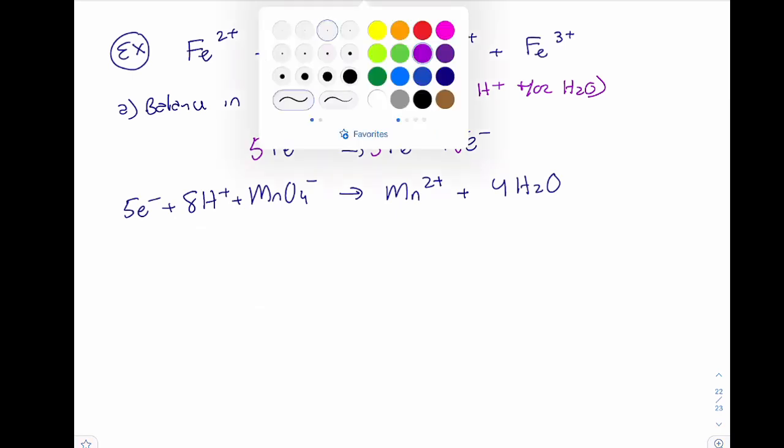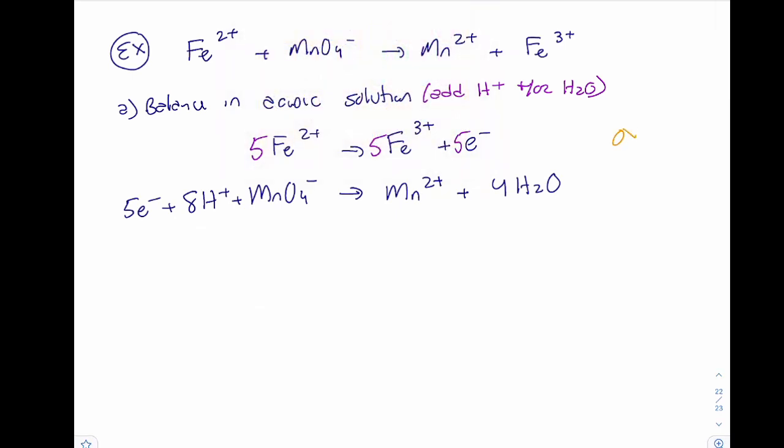So this one here was my oxidation. This one here is my reduction, right? Remember, my oxidation would occur at my anode. My reduction would take place at my cathode.